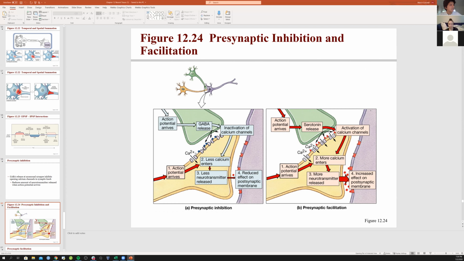That means that you won't reach the threshold for these voltage-gated calcium channels to open. That means less neurotransmitter is released. So you're basically inhibiting this action potential at the level of the axon, or you can do the opposite. You activate the action potential at the level of the channel by basically firing an action potential at this level.